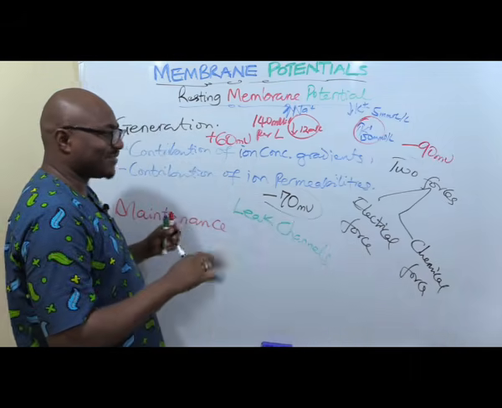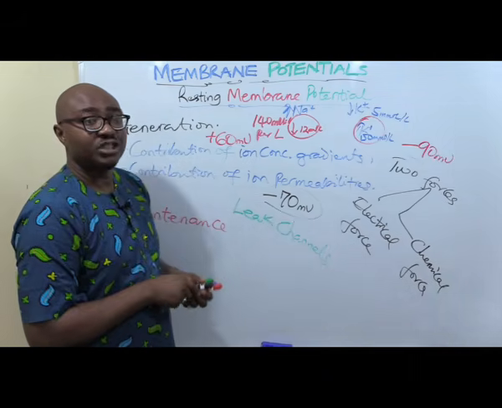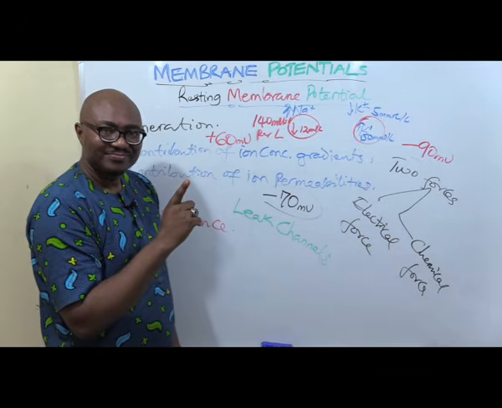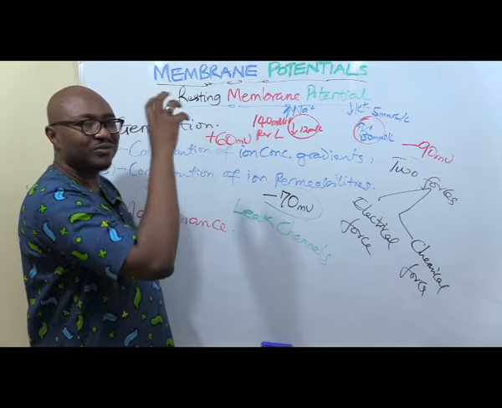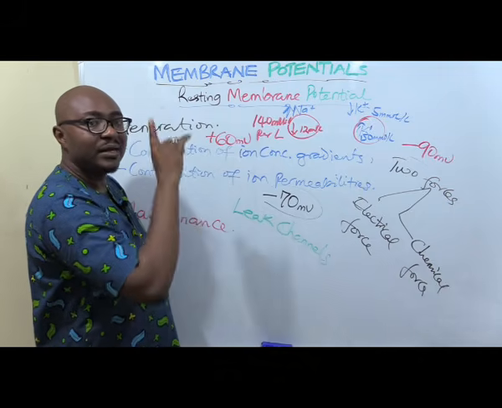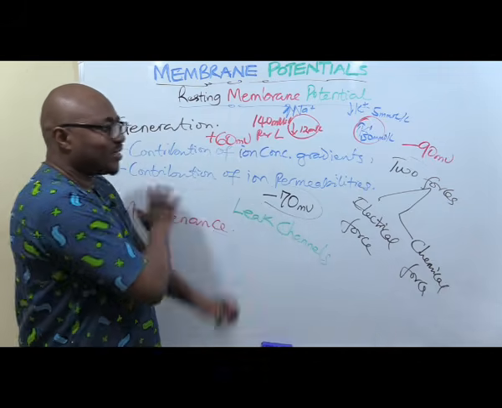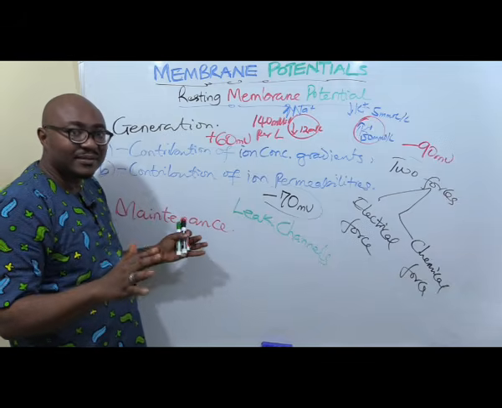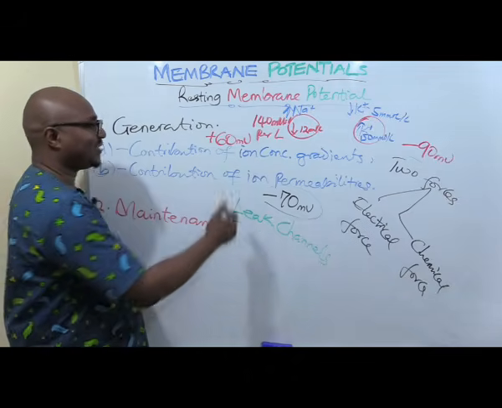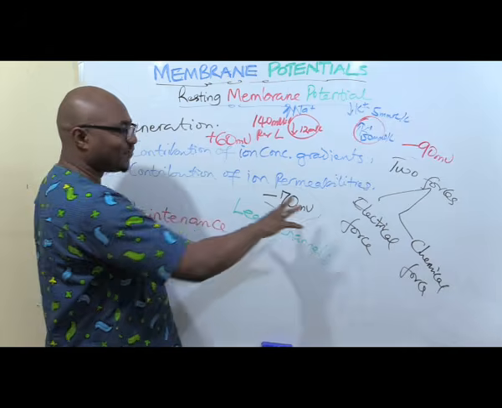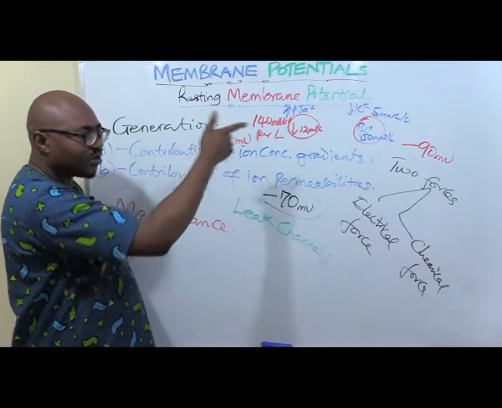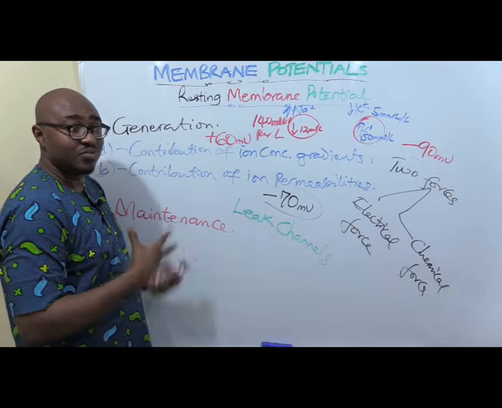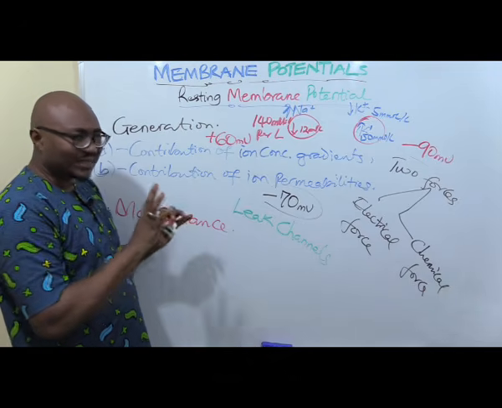So in essence, potassium contributes the most to the value of the resting membrane potential. So in a typical nerve cell, the resting membrane potential is around minus 70 millivolts, mainly because of potassium, because of the numerous leak channels. Do you understand that?